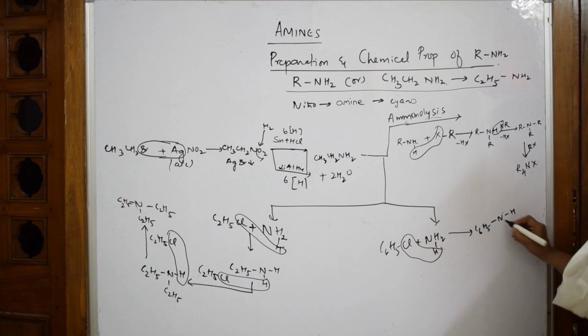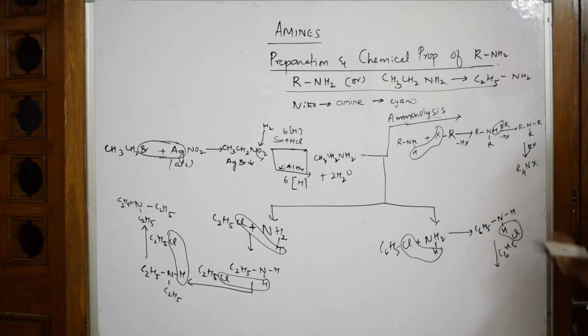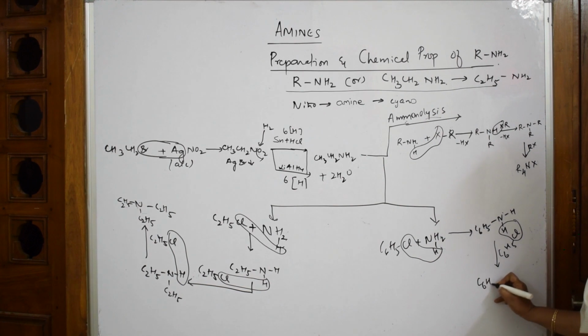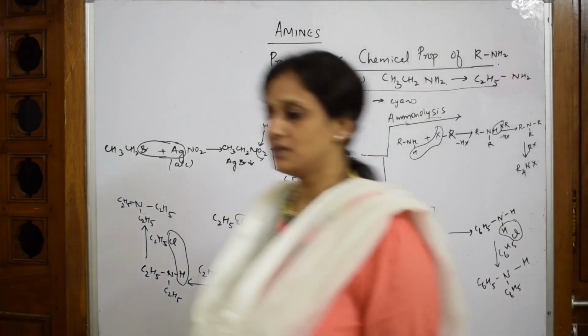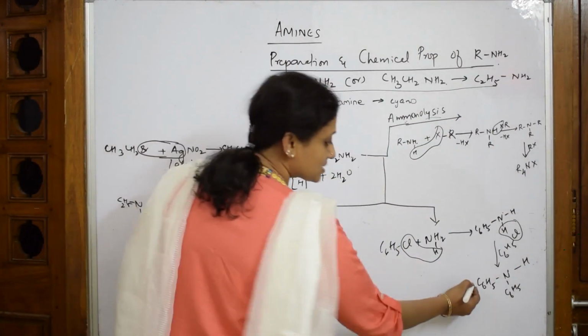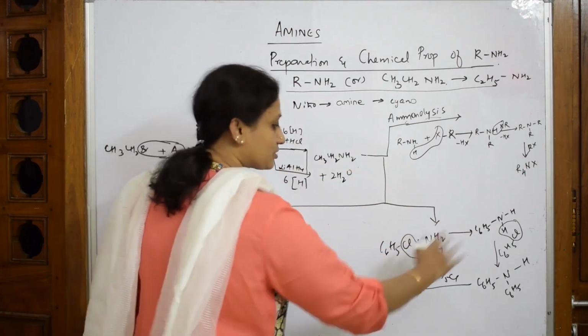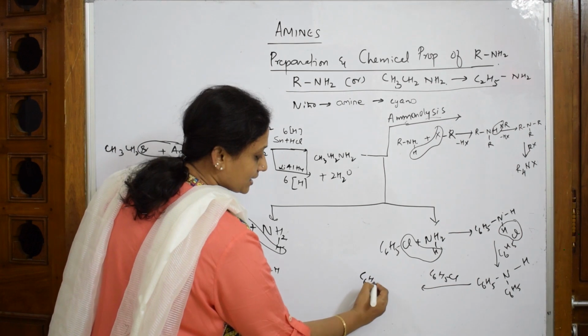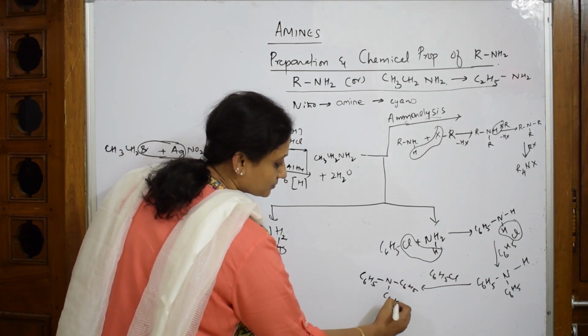NH2. Now again to this you are going to add one more aryl halide. HCl comes out and you are going to get a secondary compound with 2 aryl groups and 1 hydrogen. Now further you are going to take this aryl halide, introduce one more to this, because every time you are trying to replace, isn't it? Finally I get this compound.